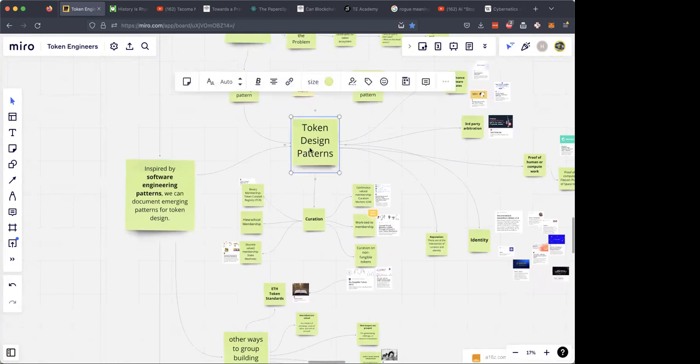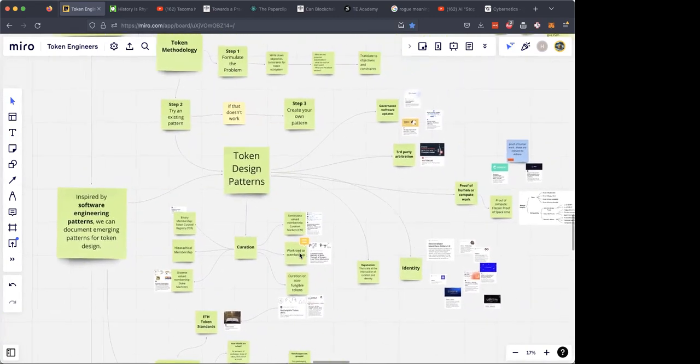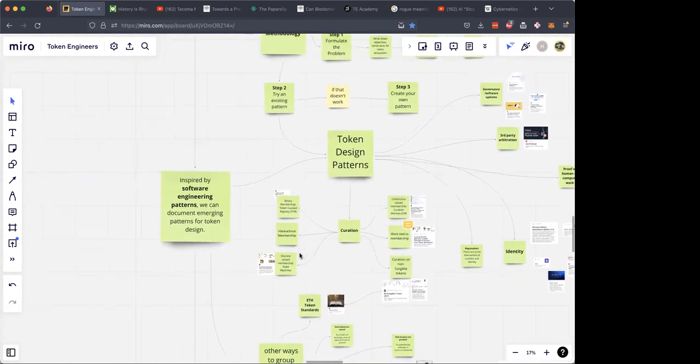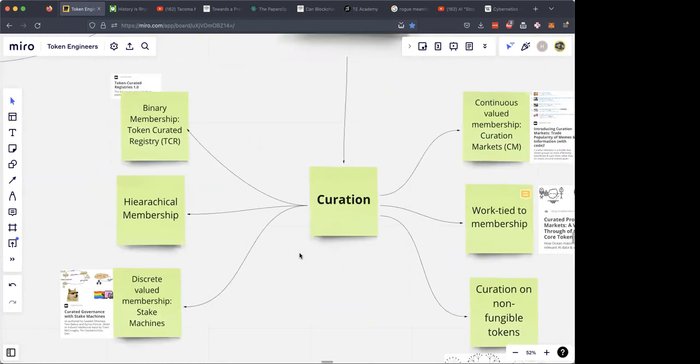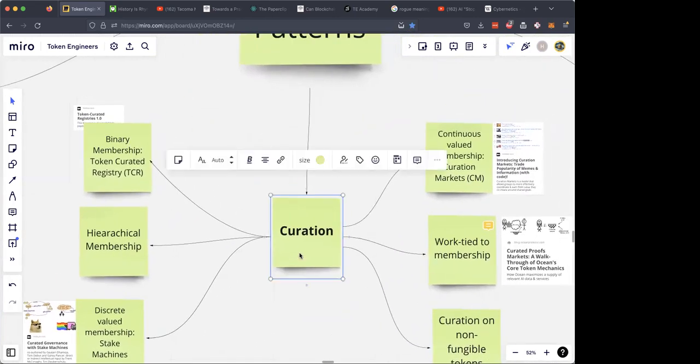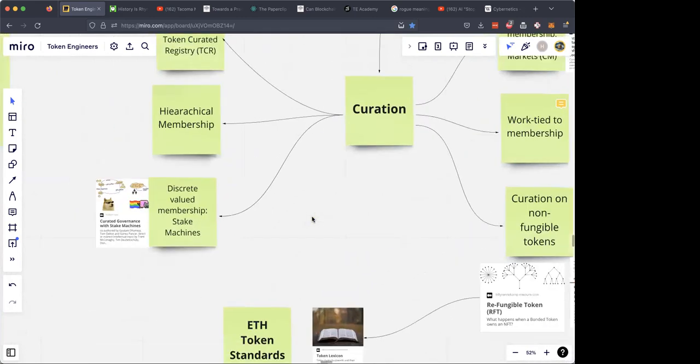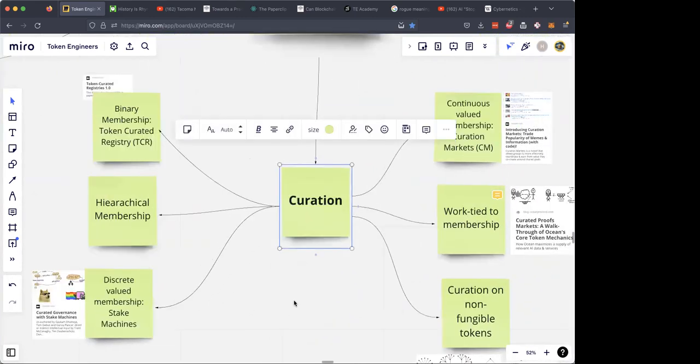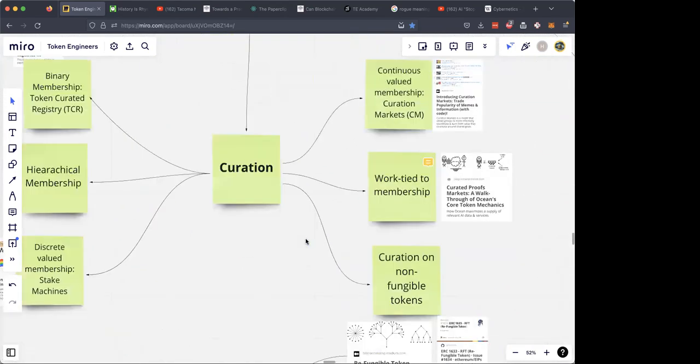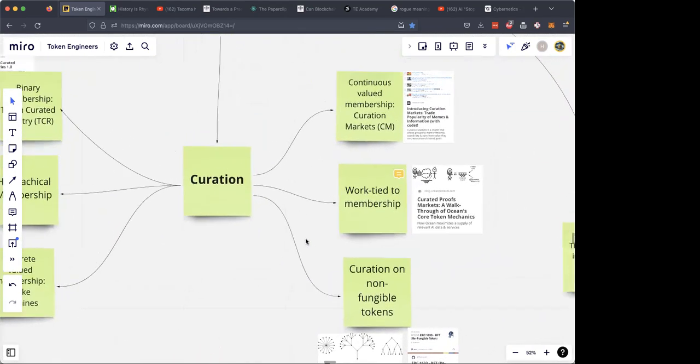You guys want to take a look at all the different design patterns that he lists out, like what is out there? Yeah, sure. I didn't deep dive into any of these. It's very cloudy what these each are, but there are many patterns on curation. There's stuff like curated token registries.